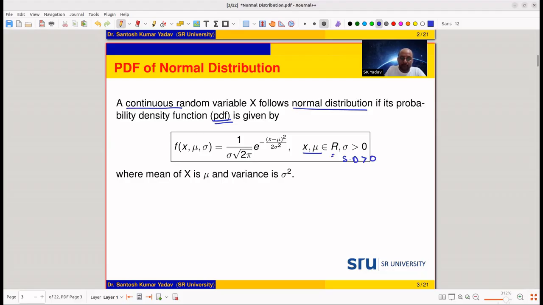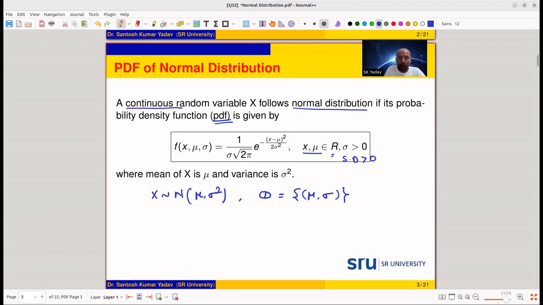So whenever x follows normal distribution, we write x follows normal with mean mu and variance sigma square. So what are the parameters of this normal distribution? They are mu and sigma.